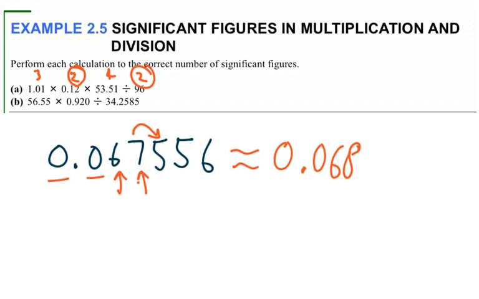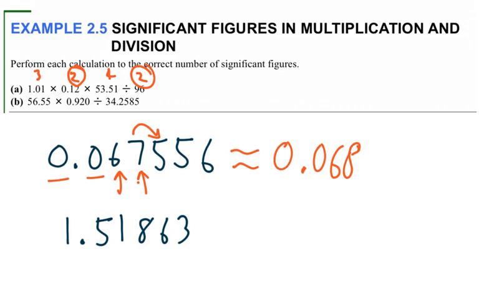Okay? Look at example B. You got 56.55 multiplied by 0.920, then divided by 34.2585. Again, you do the math, and in this problem, you're going to end up getting 1.51863.